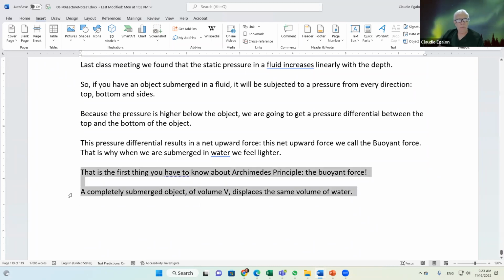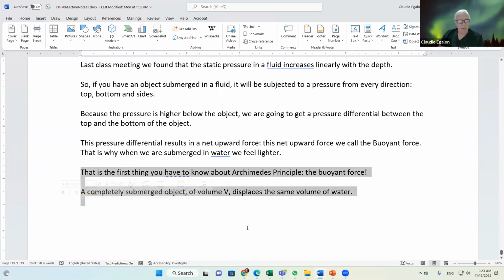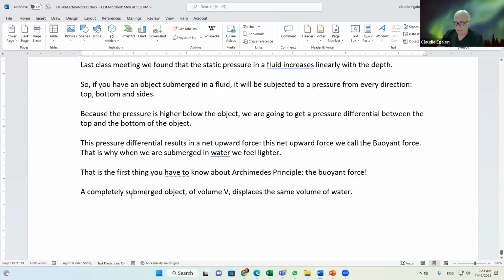So now you have those two ideas that apparently have no connection whatsoever. But then Archimedes recognized that there was indeed a connection between those two. What did he discover?